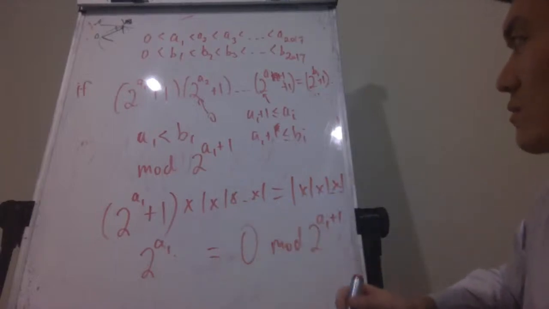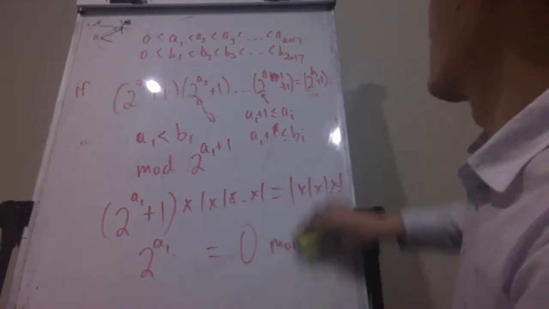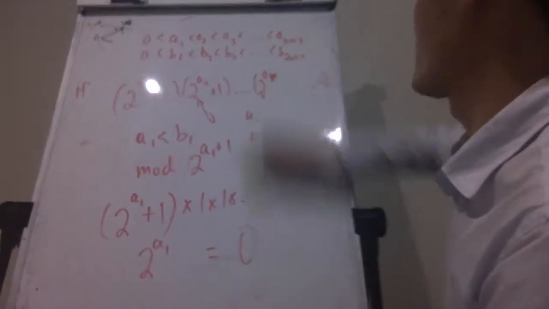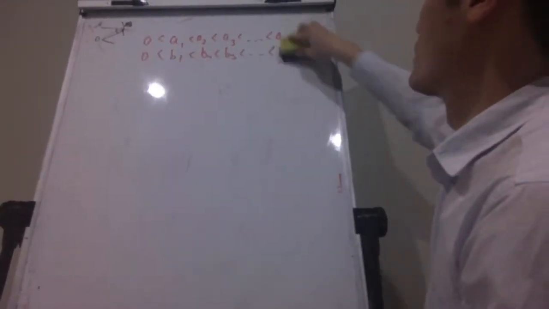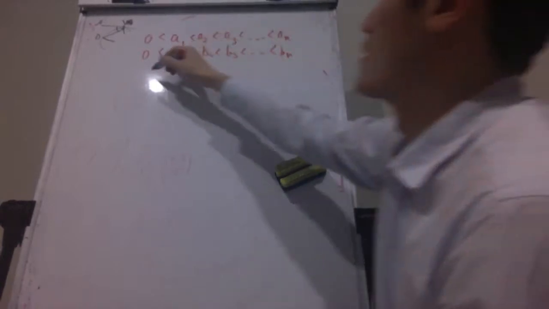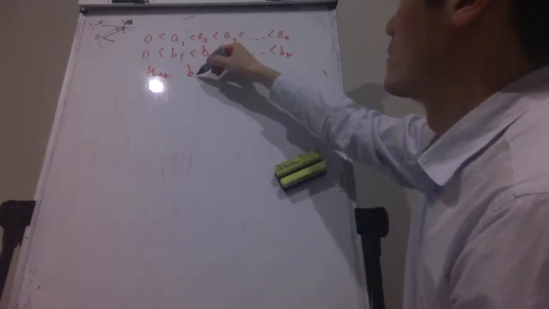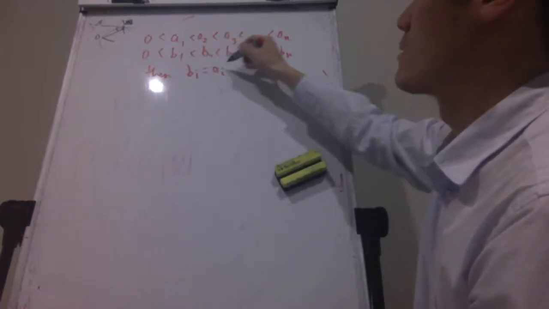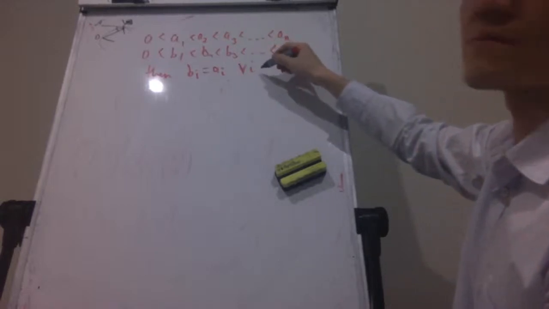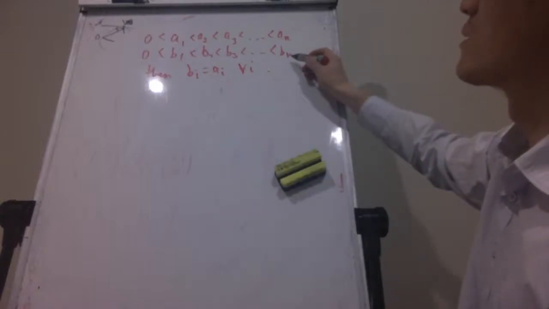So what we did was we assumed. Okay, so what are we proving? We're proving that if it's n, then the sum of b_i equals the sum of a_i, and we're proving this by induction on n.